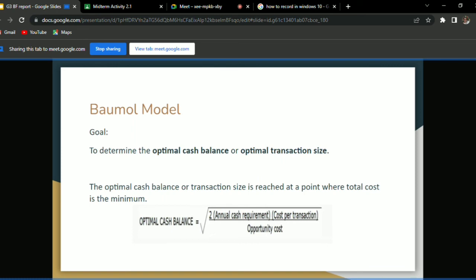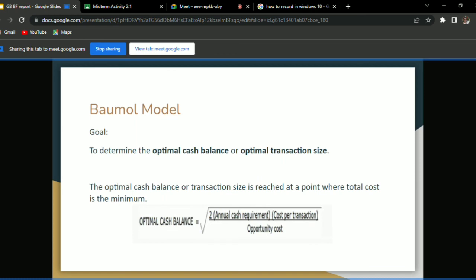So para makuha na nato ang formula, optimal cash balance is computed by square root of 2 times annual cash requirement times cost per transaction divided by opportunity cost. Ato na siya i-apply sa atong problem ganina. Ang 2 times 45 million.